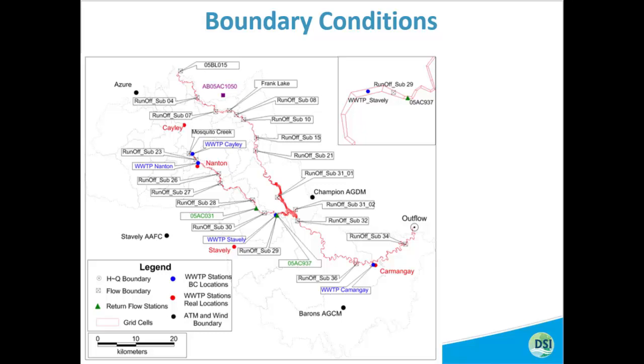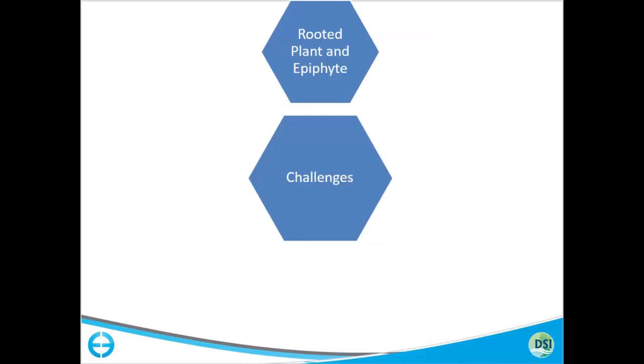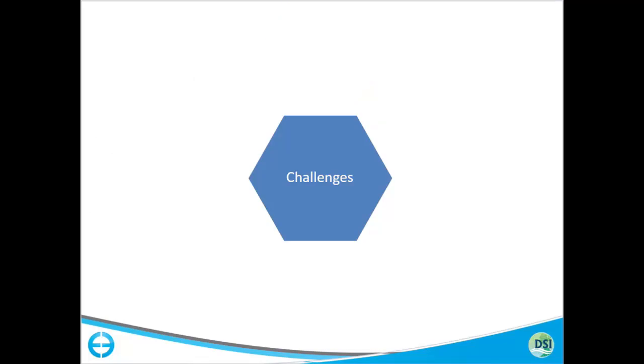So one thing I want to point out here is we had many issues and challenges, because it's a complex system. There were different kinds of water body characteristics. On the upstream it was more riverine, and near the lake it was deeper, and there were some areas with more rooted plants and epiphytes, and that would cause more DO consumption.